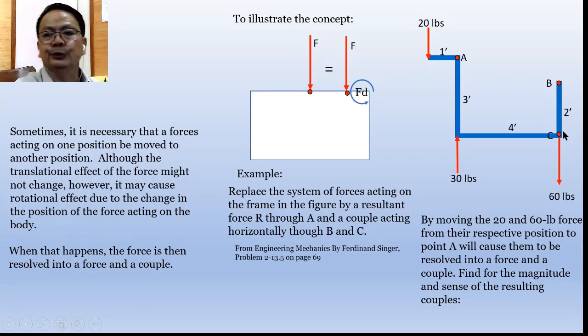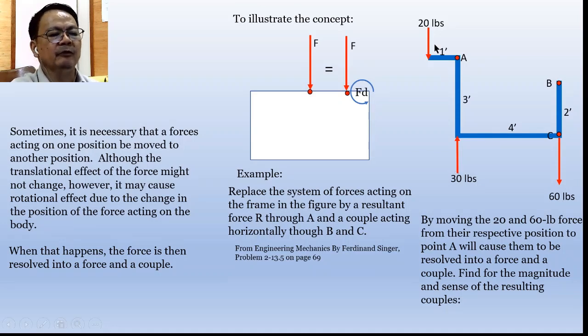So how are we going to do it? If these two forces are moved towards A, what will happen? According to the discussion, moving the 20-pound and the 60-pound forces from their respective positions to point A will cause them to be resolved into a force and a couple, just like what we have discussed earlier.